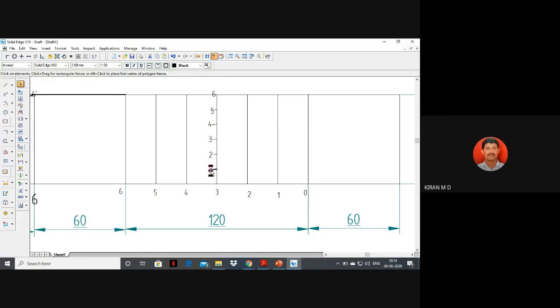Now, same way here, before 3, what points do you have? 4, 5, 6, right? So join this 4, 5, 6 to this line. From 4 it is already a horizontal line. From 5, you draw the line. Then from 4 also, you draw the line. From 3 also, you draw the line. Again 3, 2, 1, 0, you join to this point.